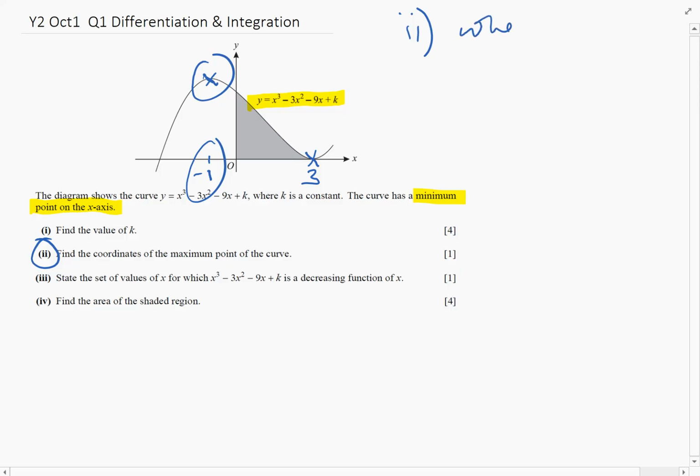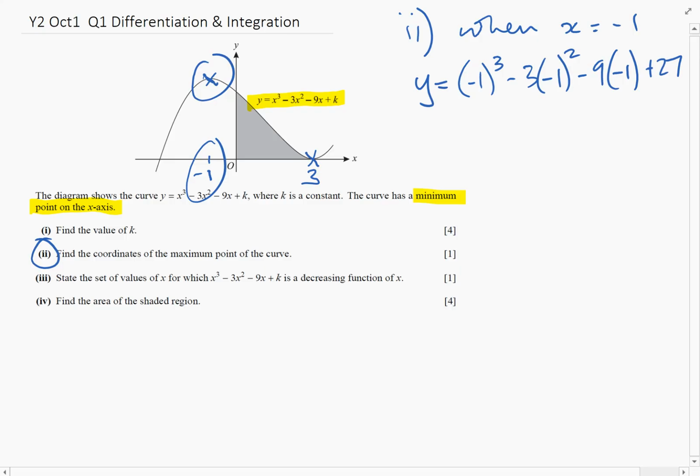So when x equals minus 1, y will equal minus 1 cubed minus 3 times minus 1 squared minus 9 times minus 1 plus, and we know k is 27 now. As I said before, it's important, if you're just going to type all this into your calculator, to make sure you use brackets around the minus 1, or just work it out separately.